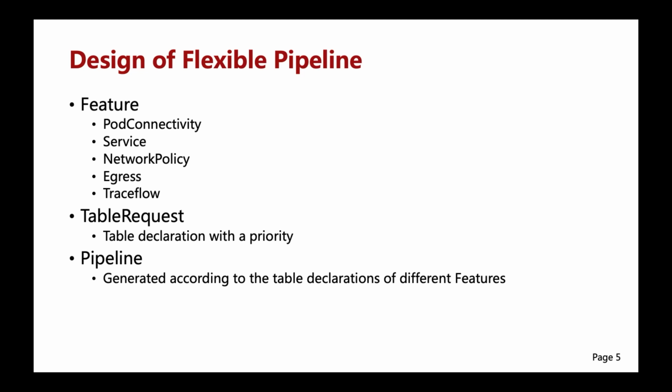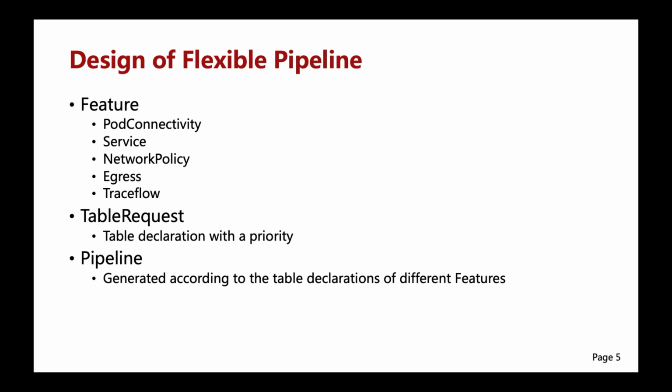The priority is a member structure of a table request. It determines the order of a table in each stage, and the highest priority will become the first table in this stage. A table may be declared by multiple features with different priorities. If so, the highest priority will be used.